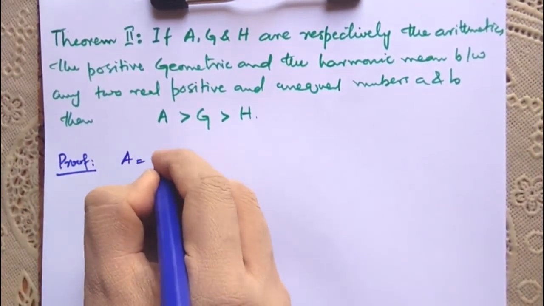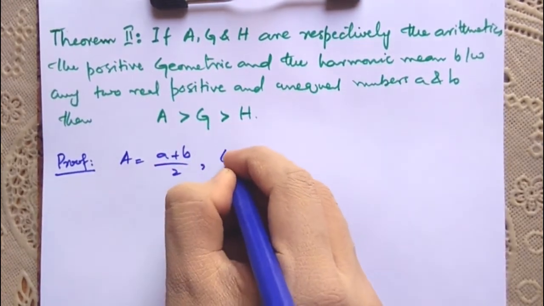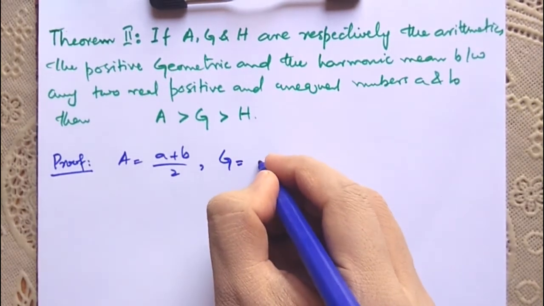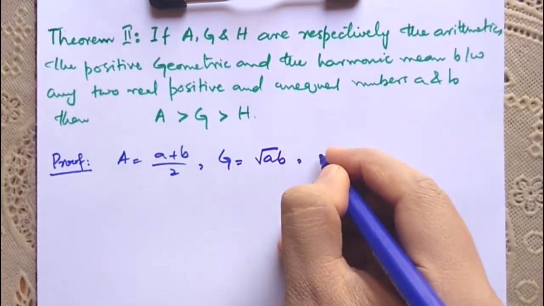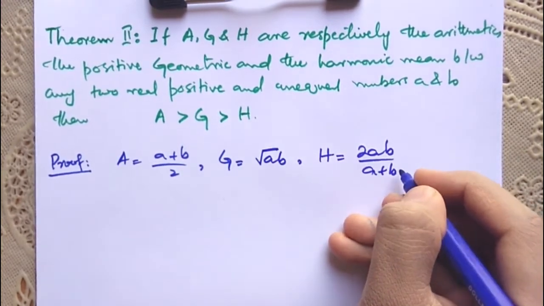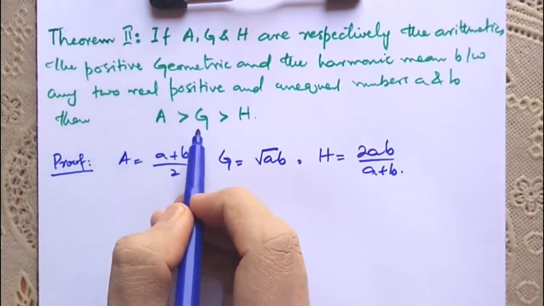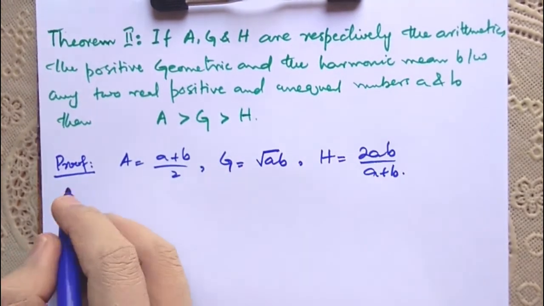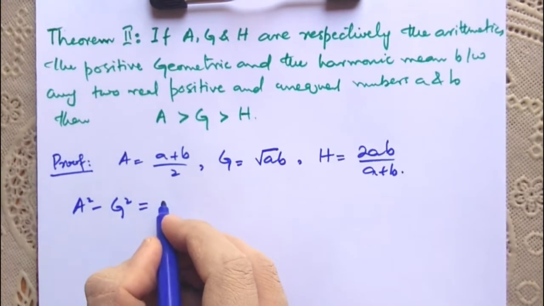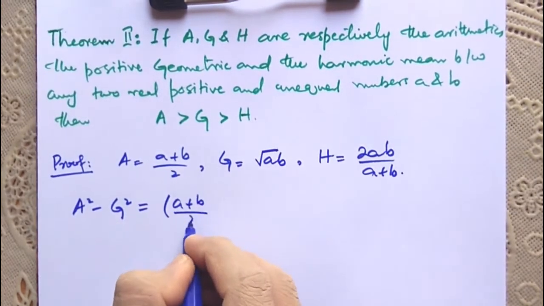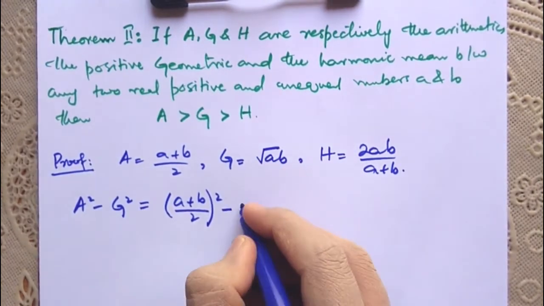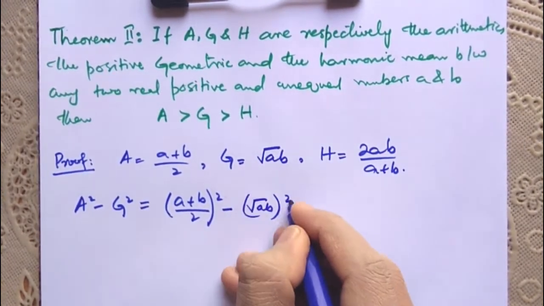You know A is equal to (a plus b) upon 2, G is equal to, now this time, the positive geometric mean, means G is equal to radical ab, and H is equal to 2ab upon (a plus b). Now we are required to prove that A is greater than G and G is greater than H. So let me write A square minus G square. A square means ((a plus b) upon 2) whole square, minus G square, and G is equal to radical ab whole square.